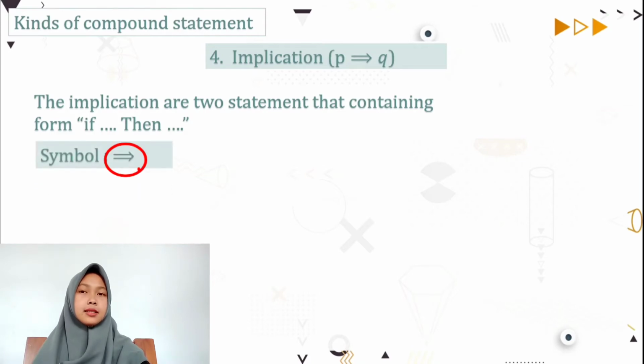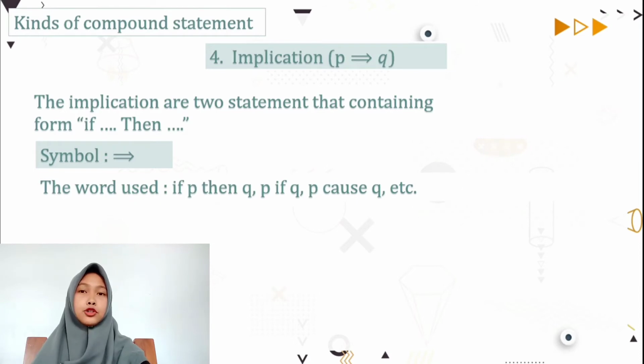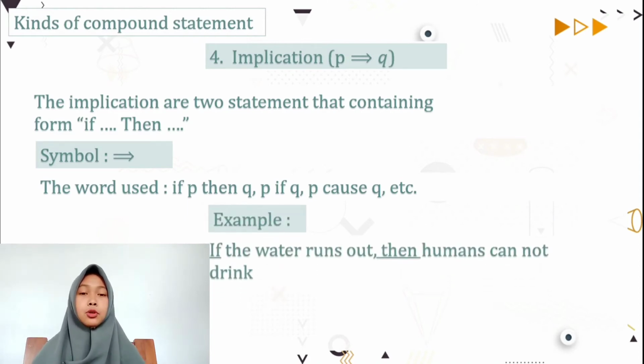The symbol is this, and the words that can be used are if P then Q, P if Q, P because Q, and the like. For example, if the water runs out, then humans cannot drink. The underlined word is the implication.